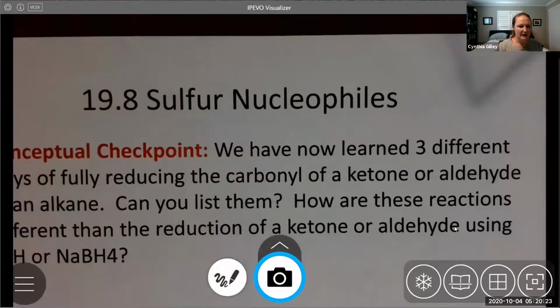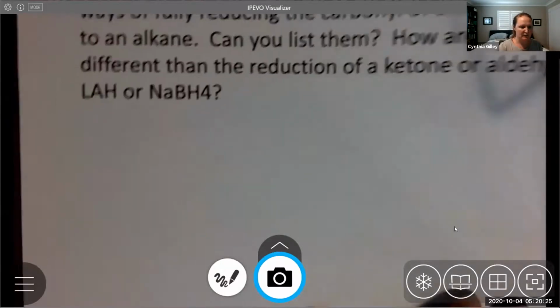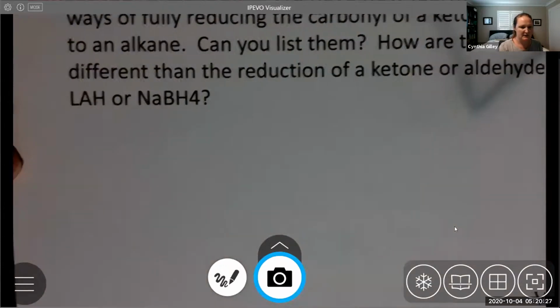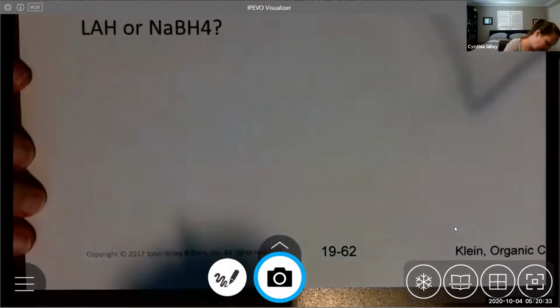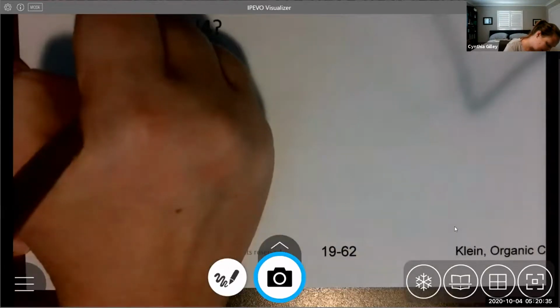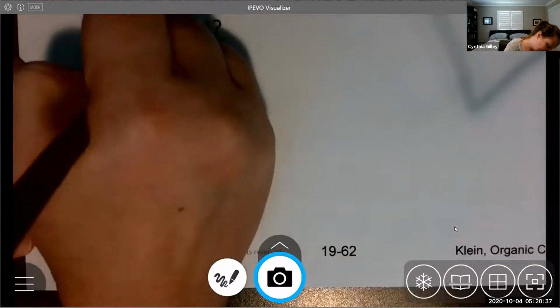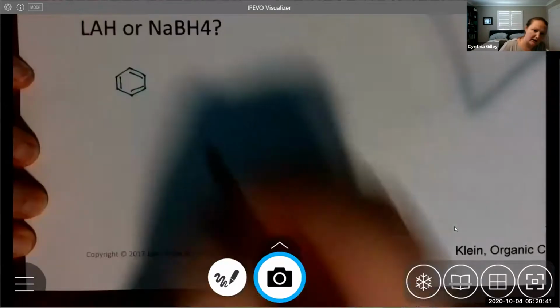Okay, let's go ahead and review those reactions so that they exist in our mind together. In the last chapter, we learned about the Clemmensen reduction, which is typically done after acylation of an aromatic compound.